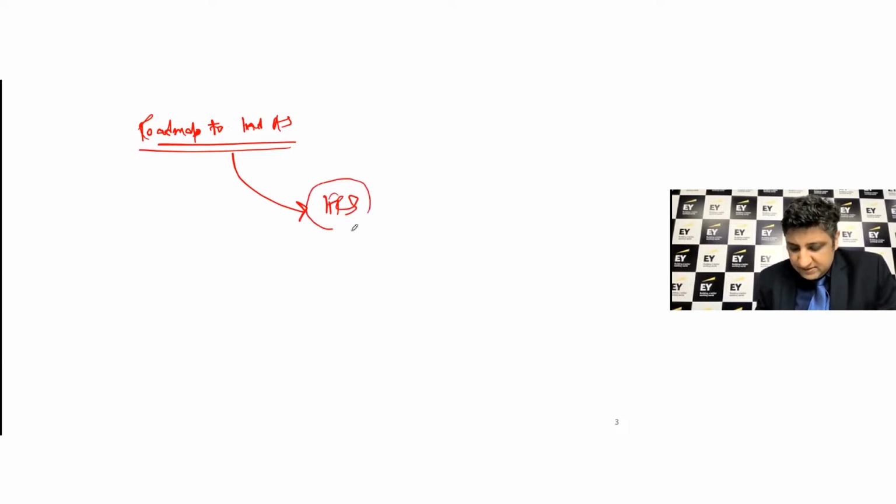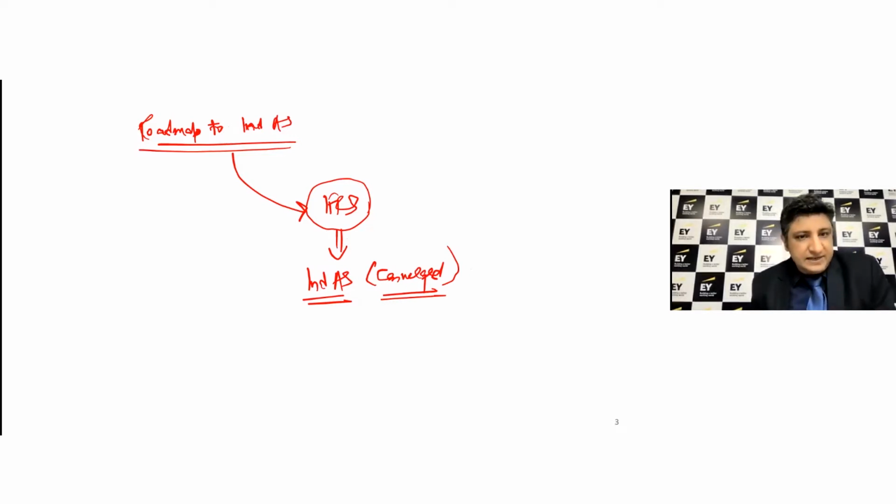converging towards something called international financial reporting standards, India wanted to bring its own set of converged accounting standards, right? Converged accounting standards, which are pretty much aligned to IFRSs, but they are not completely IFRSs in themselves, right?